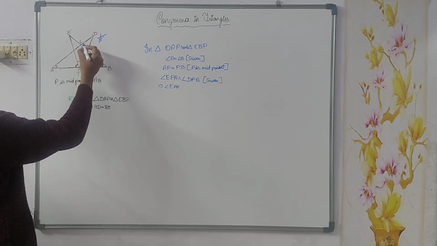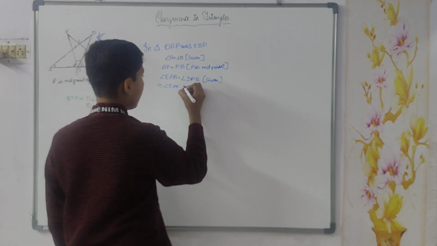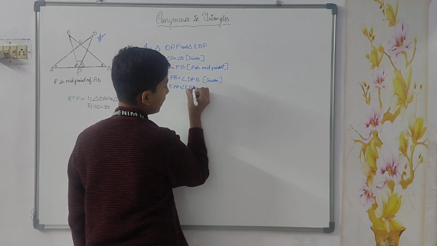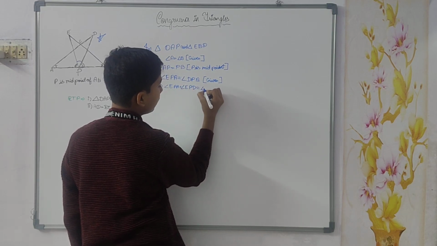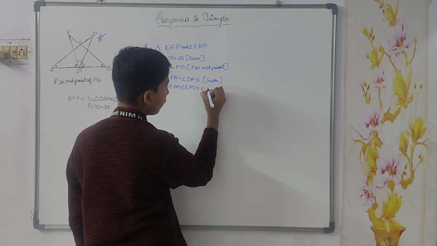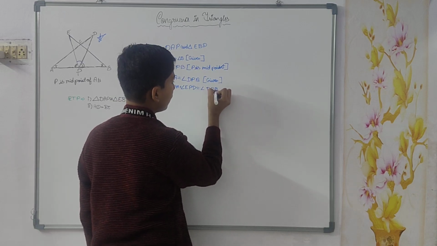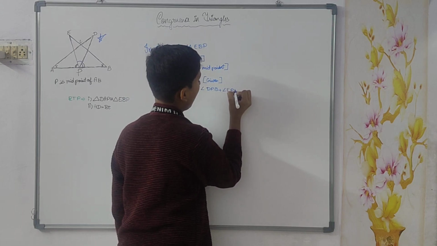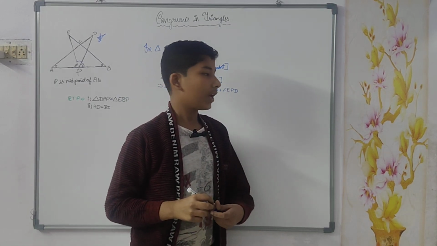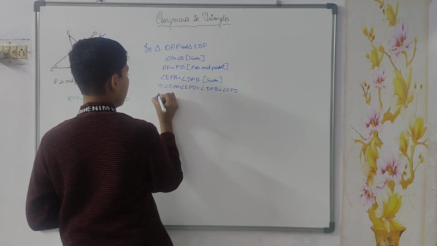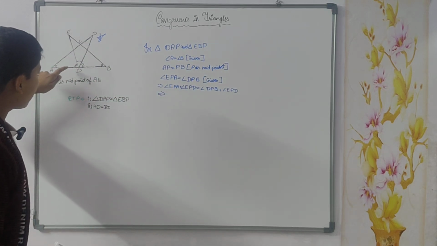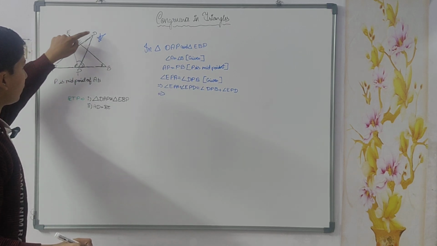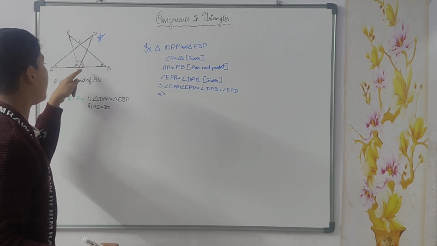So we will add angle EPD on both sides, LHS and RHS. Now, if you add this angle to this angle, the result will be this angle, meaning DPA.